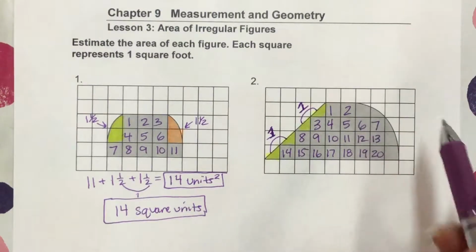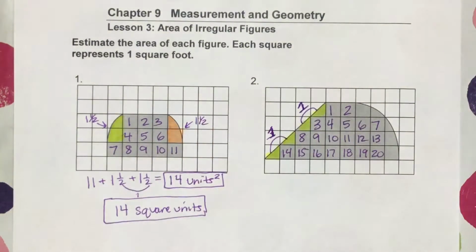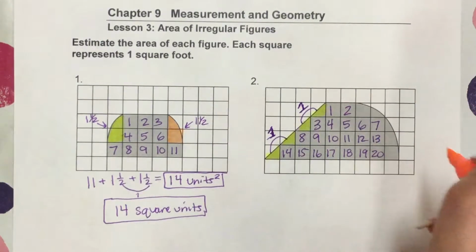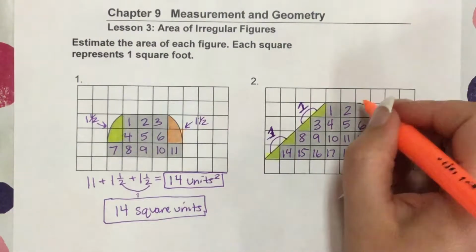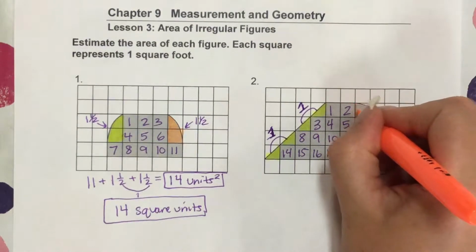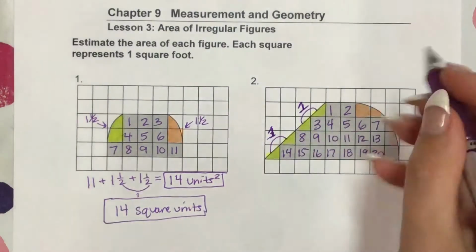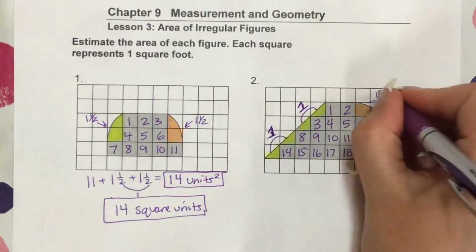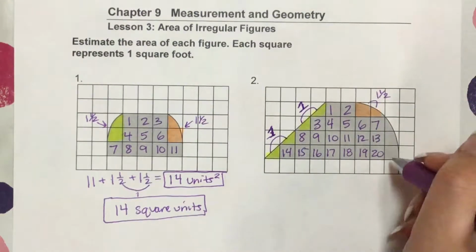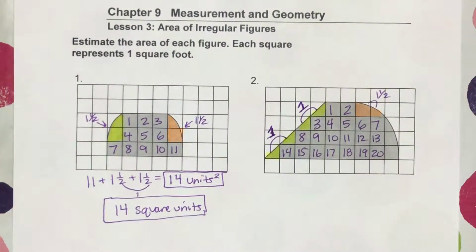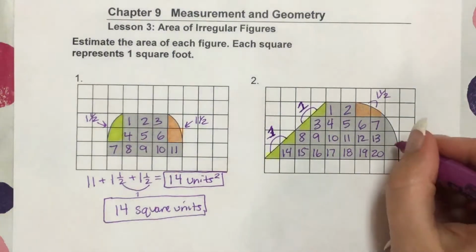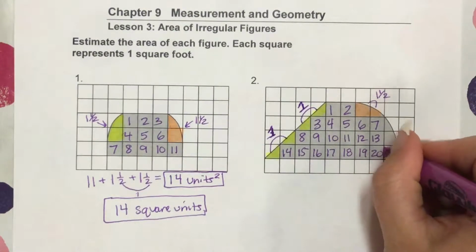Okay, let's look at this one. For this section here, this is pretty much a whole one right here, and this is a half. So I'm going to call this one right here 1 1/2. I'm just going to say that this one right here at the end is just pretty much a whole one.